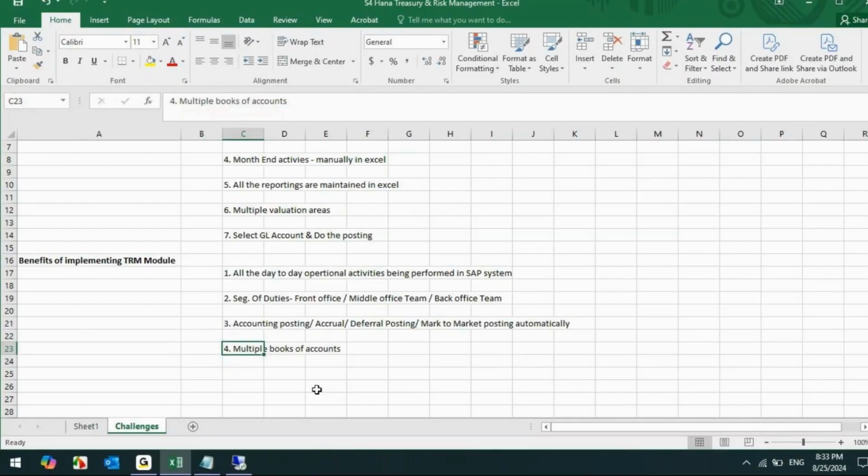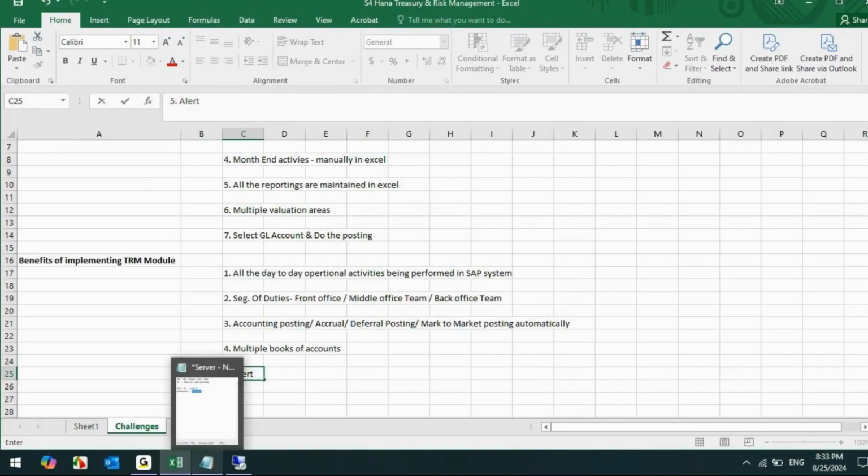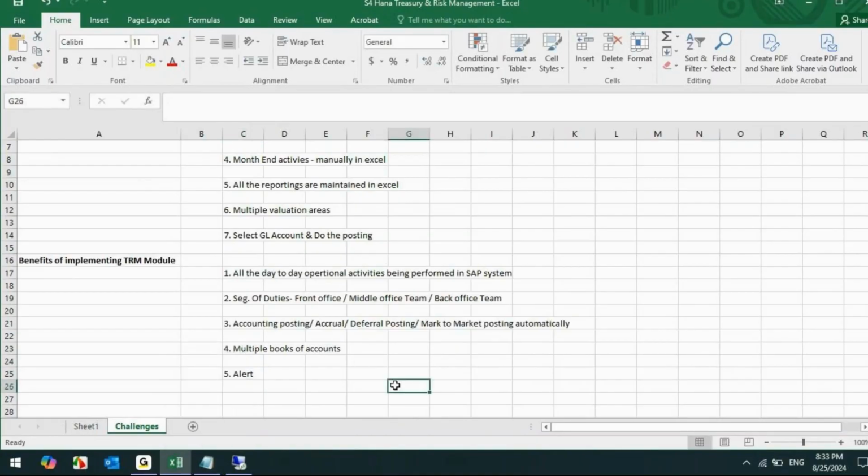Not only that, you also get an alert functionality. Alert in the sense, for example, if I want to see how many of my deals have been created, and which have a maturity date near, next month or 2 months after, I can see it in the report.